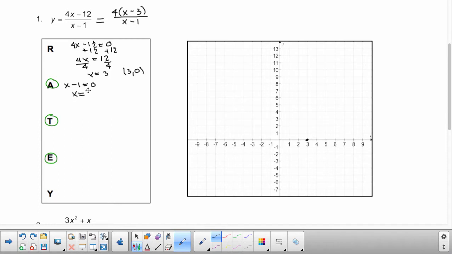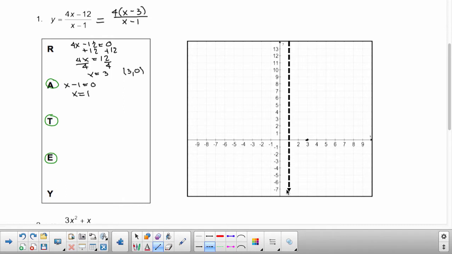Solving for x, we get that x equals 1. Now, we knew that there was only going to be one vertical asymptote because we look at the denominator and there's only one term here that gives us that possibility for our denominator to be 0. And it's true, we have one solution, x equals 1. We're going to go ahead and draw that vertical asymptote. I bring that up because it's going to be possible for us to have more than one vertical asymptote. We'll have some examples later on.